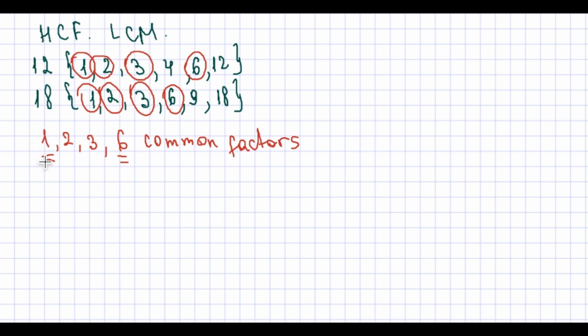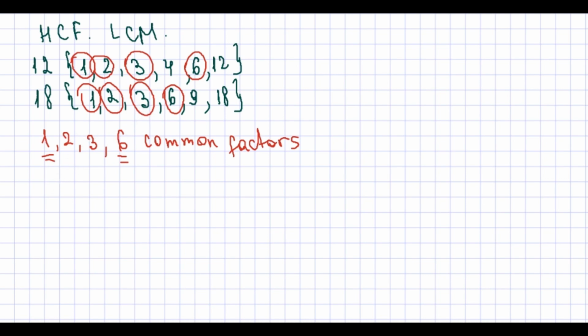We can easily understand that the smallest common factor for all numbers is always 1, as all the numbers are divisible by 1. But the largest common factor, we cannot easily say. We have to find out.